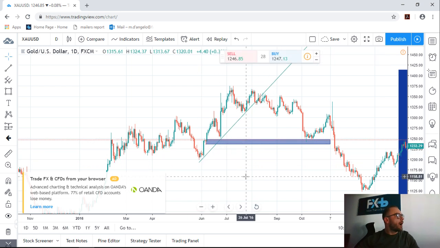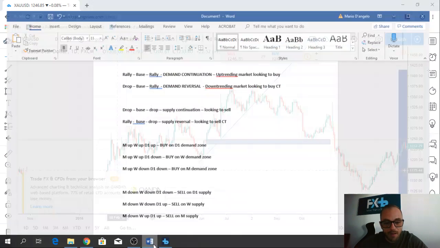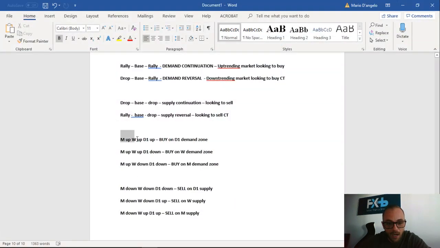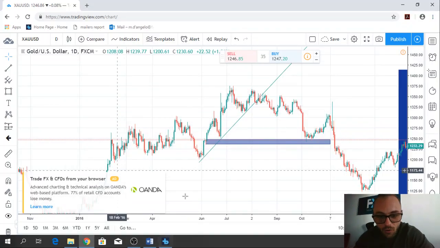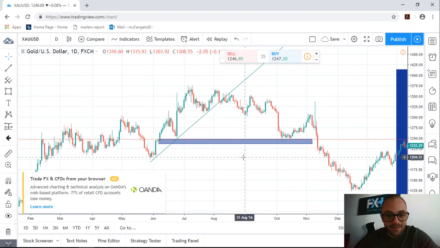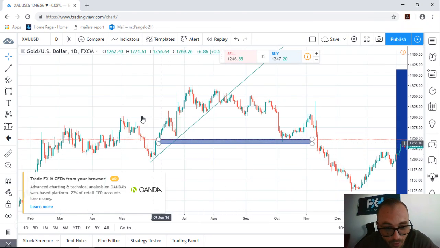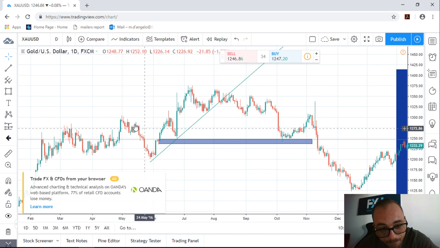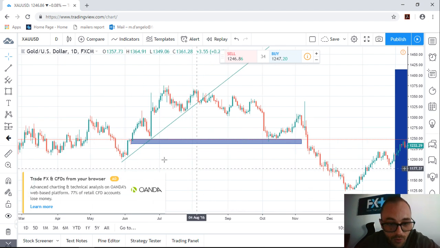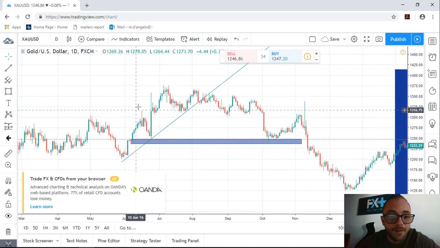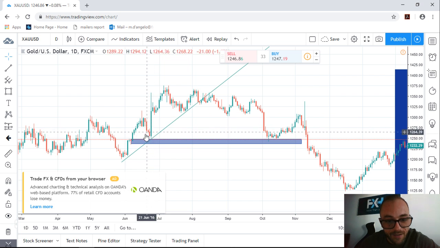Daily was also up. So what do we have in regards to monthly up, weekly up, daily up? We would be looking to buy on a daily demand zone. So what was my daily demand zone? The daily demand zone was the zone that actually broke that particular trend line. So the market came, rally base rally, market came in, filled in its zone, took off.